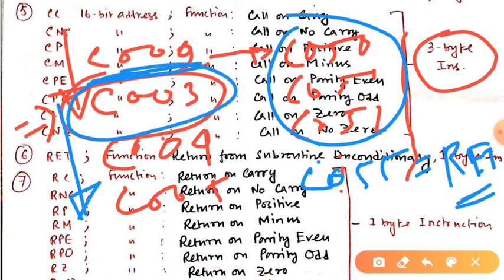So while we use the return instruction, it will fetch the data from the top of the stack. Obviously in the top of the stack this particular memory address is stored, because the last call instruction which we have used is in this particular memory location. It was written when we shifted the program execution from C002 to C050.